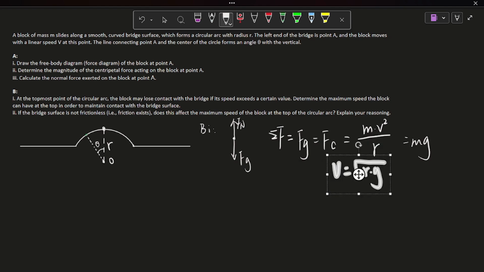The second part is also easy. On the second part, if the bridge surface is not frictionless, so now we have friction, does this affect the maximum speed of the block at the top of the circular arc? Explain. So if it's on the top of the surface, the surface it is contacting instantaneously will be the horizontal surface.